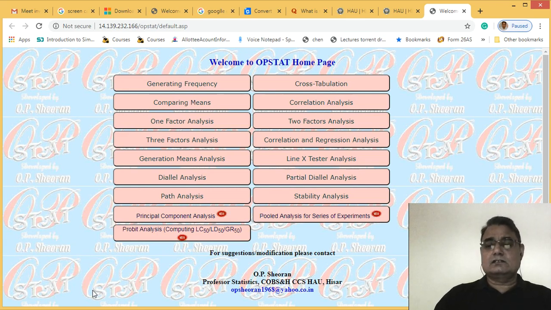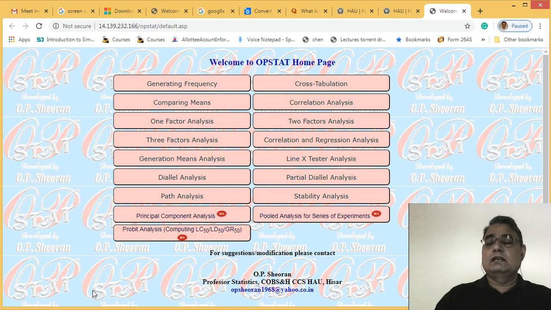In coming time, 6 new modules are ready for uploading. Their final evaluation is going on. We will upload these modules within a month, and these modules are, you can say, Latin square design, strip plot design, then augmented designs laid out in completely randomized block, and lattice design.